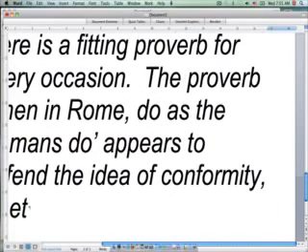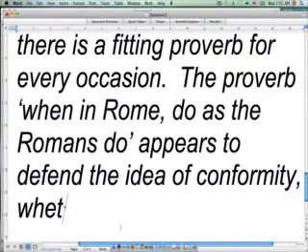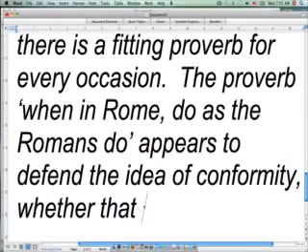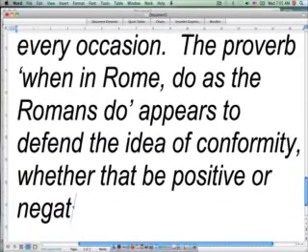So let's just point out whether that be positive or negative. The proverb, when in Rome, do as the Romans do, appears to defend the idea of conformity, whether that be positive or negative. So we're not saying that conformity is positive or negative, we're just saying that this phrase supports it.